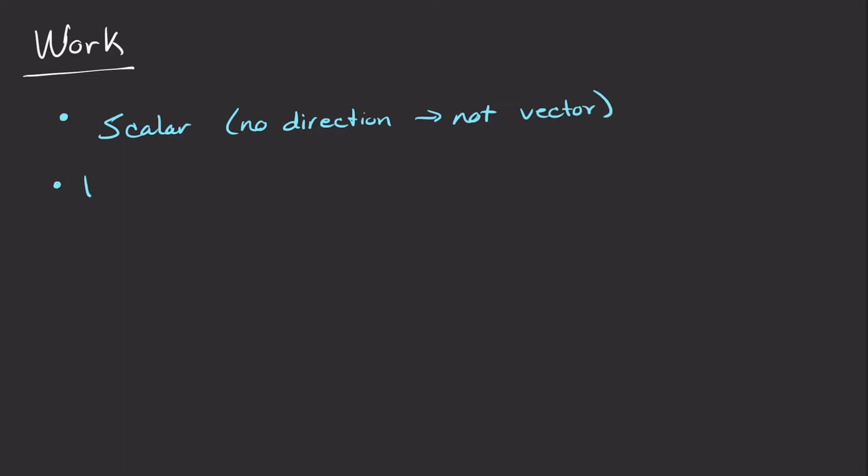So we said the work is equal to the force times the displacement, and only the parallel component of the force actually does work. So if this is our equation for the work, then this means that if d is 0, displacement is 0, that means the work is also 0.